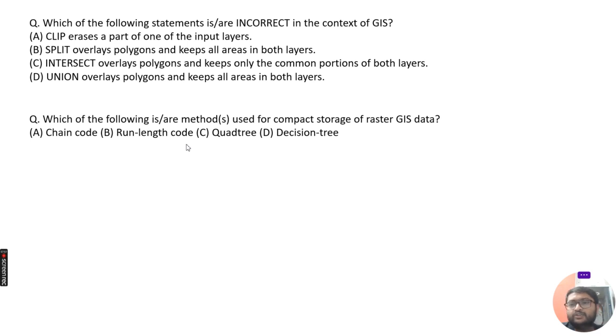Next one: which of the following statements is or are incorrect in the context of GIS? A is correct.